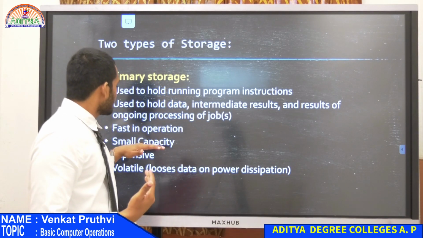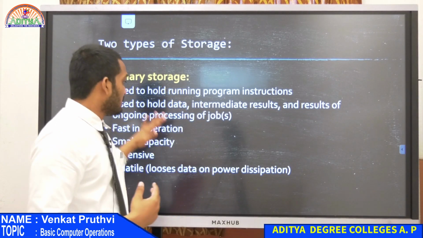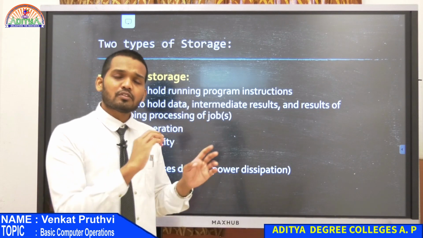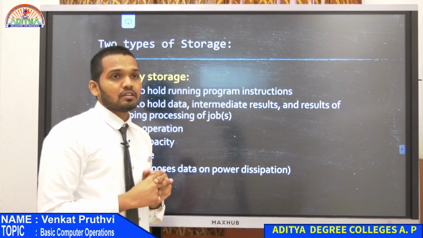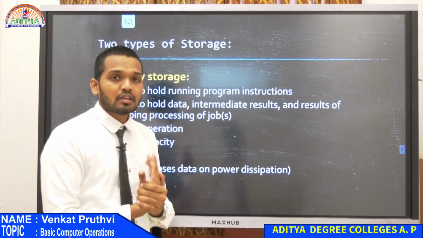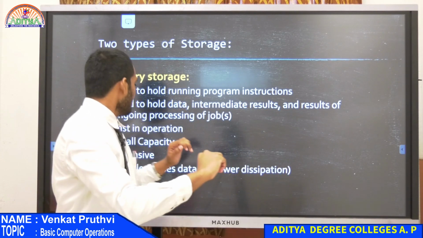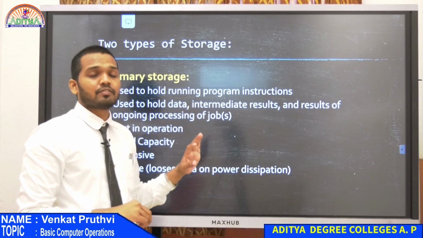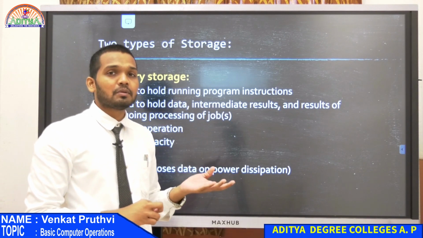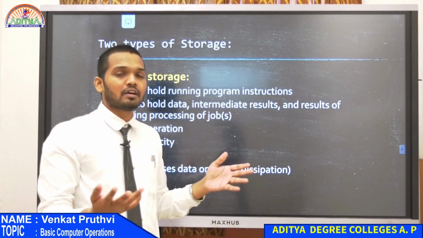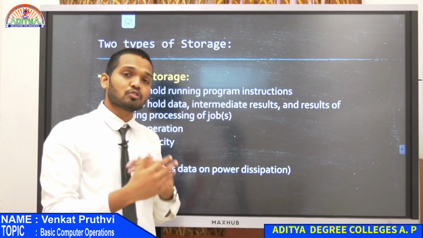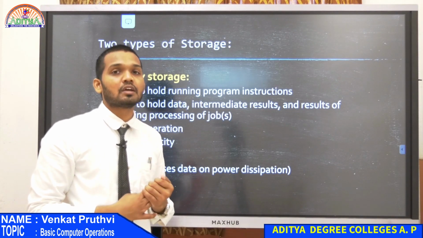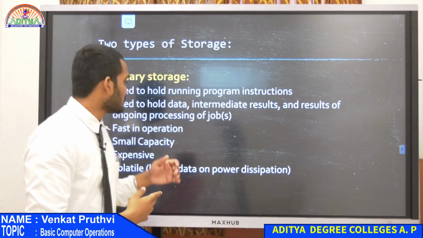The next thing is small capacity. This primary storage is always of very small capacity. The reason is, if you had a very large capacity, like your hard disks, your RAM is never in TBs, because if your RAM were in TBs, you'd have so much space in it, and it would take so much time for the instructions to be fetched and to maintain that storage unit.